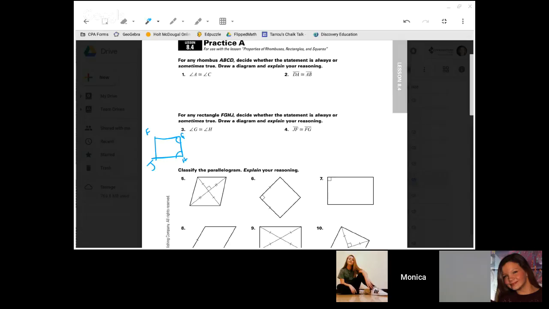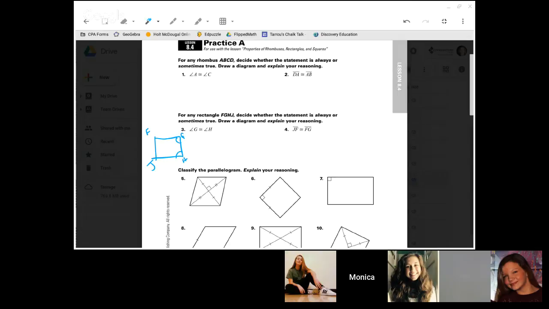Yes, Natalie. So we have 4 right angles. So if all 4 of those angles are right angles, and they're always right angles, are they always congruent?